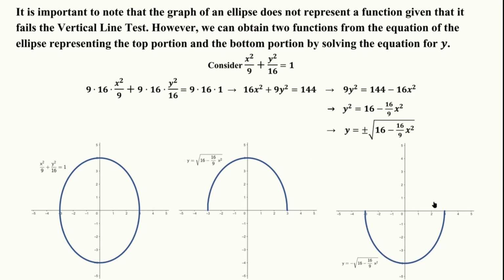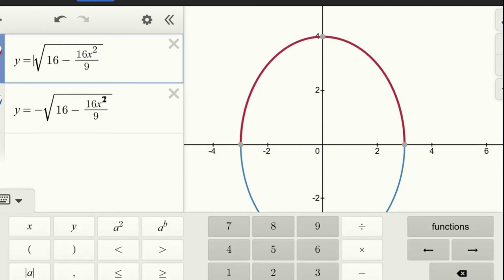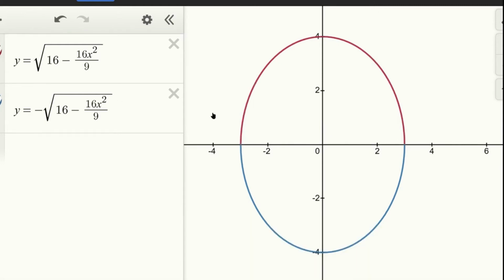You can easily try that by graphing it using a graphing calculator like Desmos and verify that. All right, so here notice I've typed them in to save us some time. If I look at the positive case, that will give me the red graph on the top. Let me remove that one, okay?